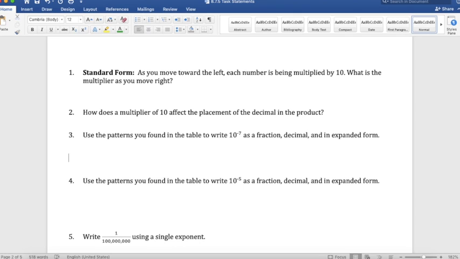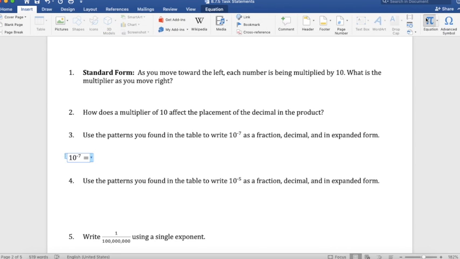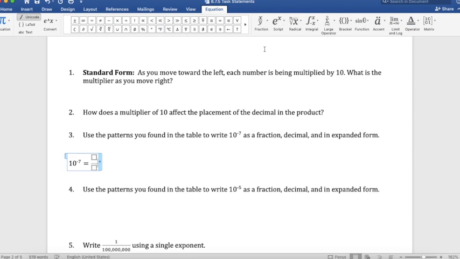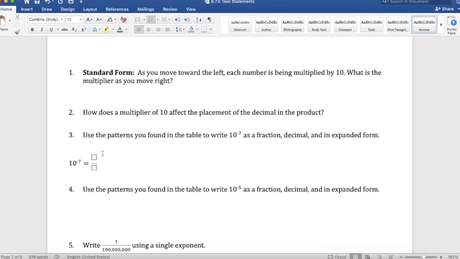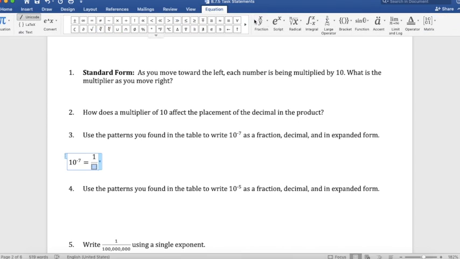Okay, so 10 to the negative 7th. So as a fraction, that would be 1 over, because the negative exponent, 1 over 10 to the 7th. So it's still not 0, it's just a very, very small number. It's 1 divided by whatever 10 to the 7th power is.